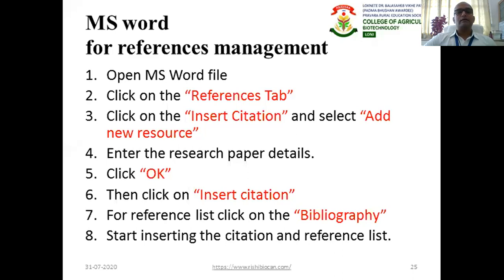After that, enter the research paper details manually, then click OK, then click on insert citation for citing the reference. Then for creating the reference list, you have to click on bibliography. Then at the end, you start inserting the citations and creating the reference list.